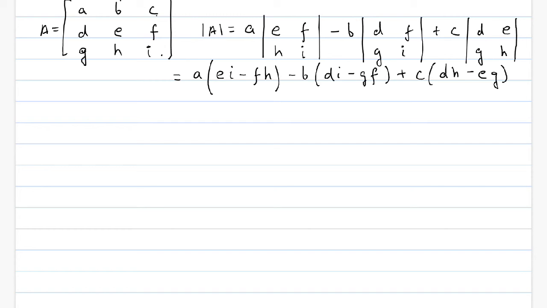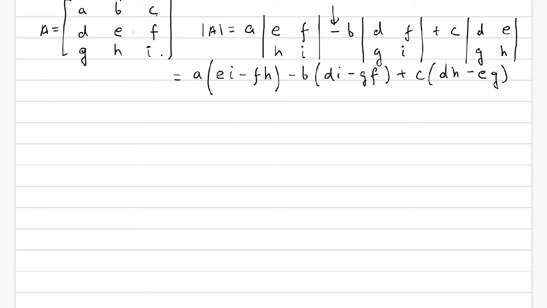So this becomes our determinant of a 3 by 3 matrix. It's very important that the second element of our row or column, whichever you take, is negative. So we'll have plus, minus, plus.